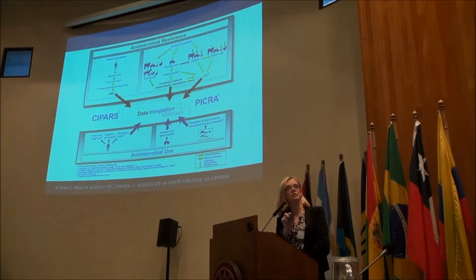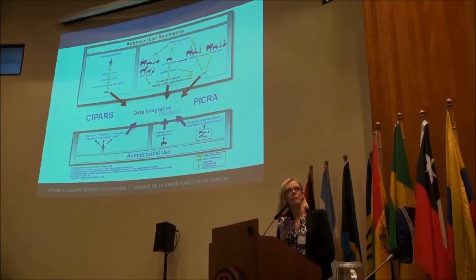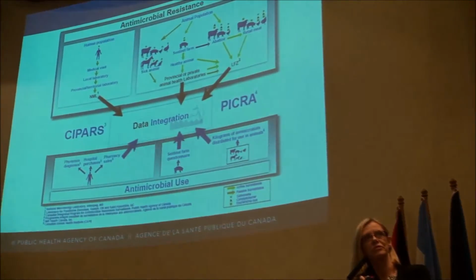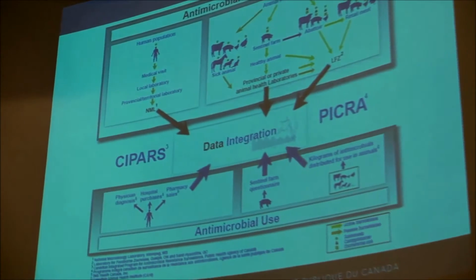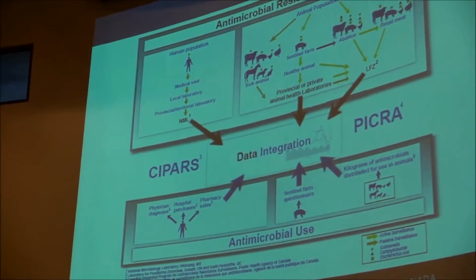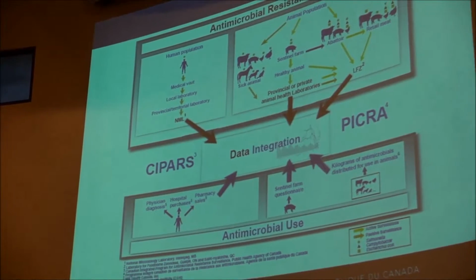So this is what CPARS looks like now. We're still only in Salmonella, but we're moving hopefully into Campylobacter soon on the human side. And then we have our sick animal population, so our clinical isolates from sick animals. Then we have the farm piece, abattoir piece, retail meat. And then on the use side, we have human use. We have the farm piece, which is now swine and chicken.